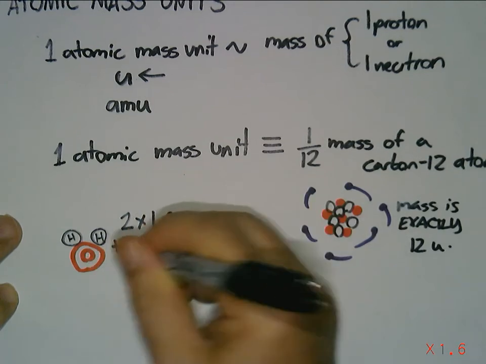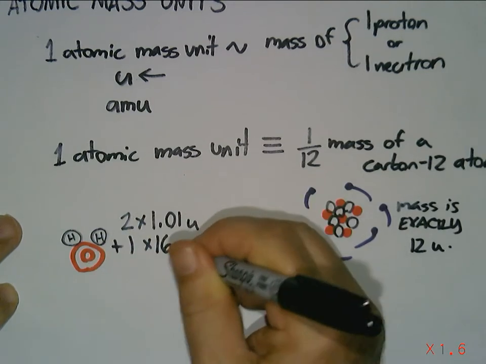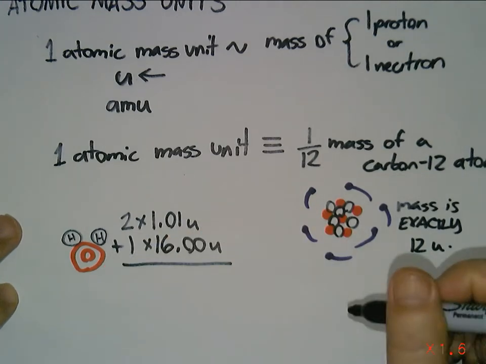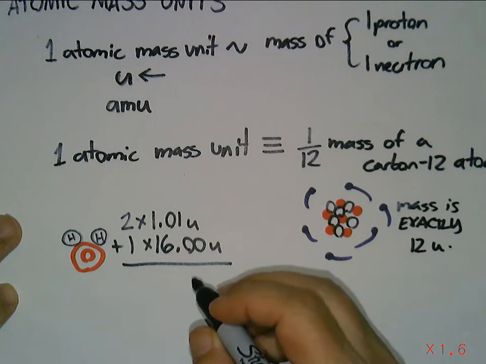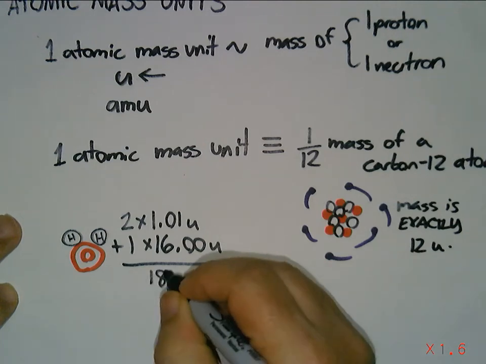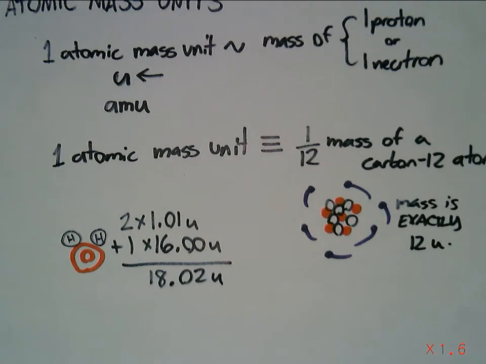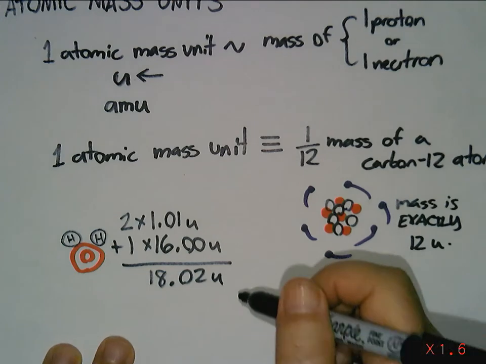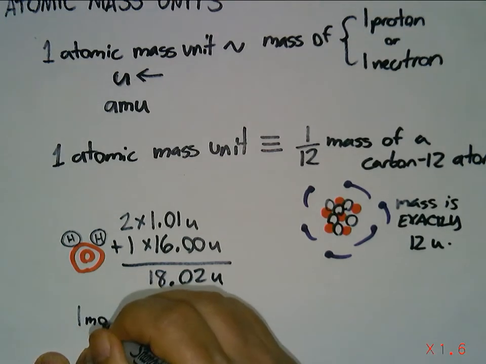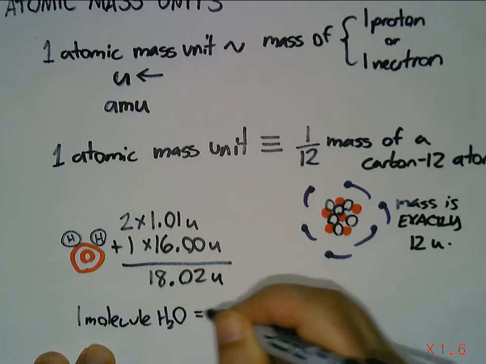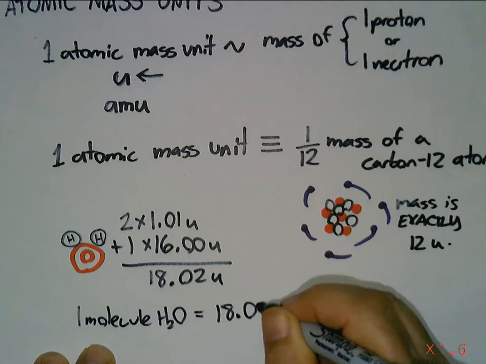And there is 1 oxygen, which, according to my table, has a mass of 16.00 U. I can add those together, and I can get the mass of 1 water molecule. It's 18.02 U. Now, that's kind of useful in relating molecules to mass. I can say that 1 molecule of H2O has a mass of 18.02 U.